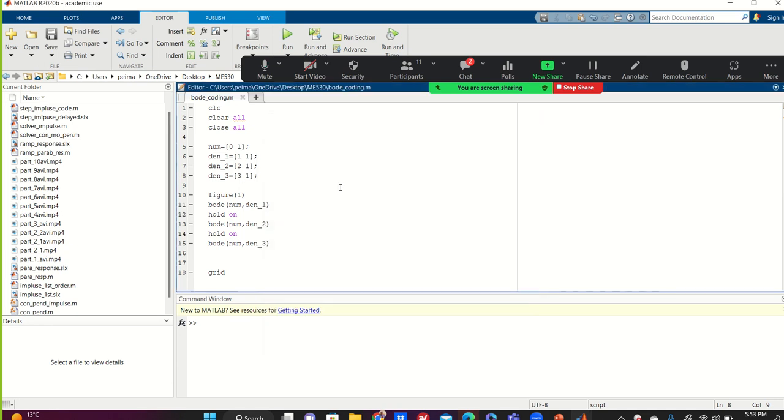Yes. And actually, we can put the legend hopefully. Hold on, let me put tau equals to 1.